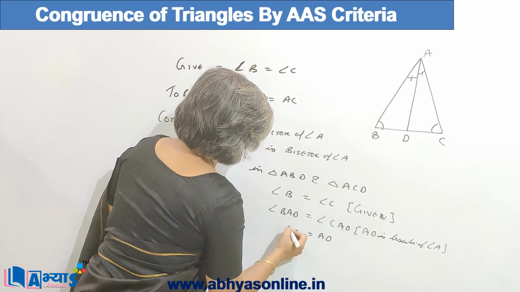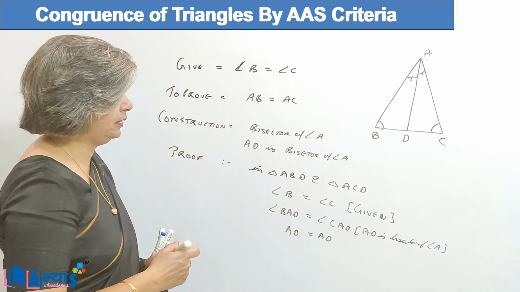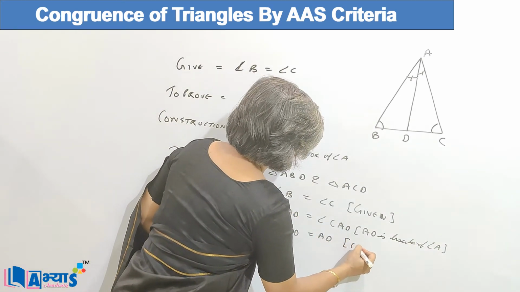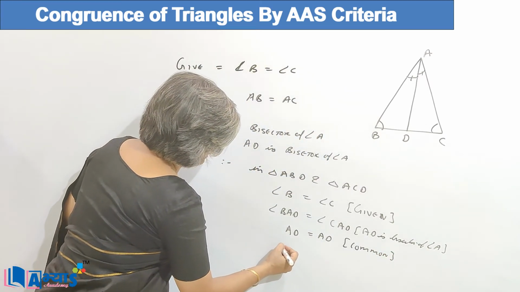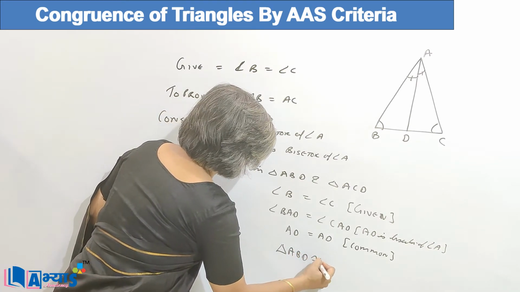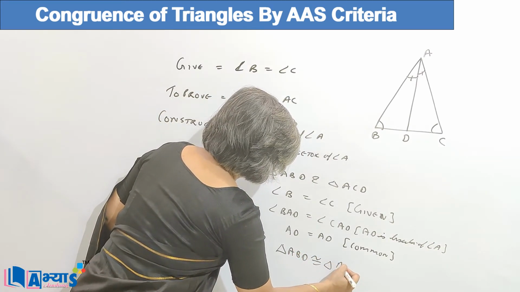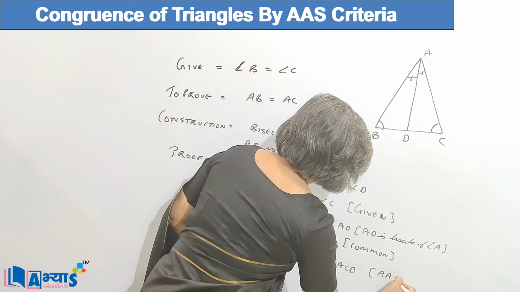It is common in both the triangles. So using the AAS criteria, we can say that triangle ABD is congruent to triangle ACD using the AAS criteria.